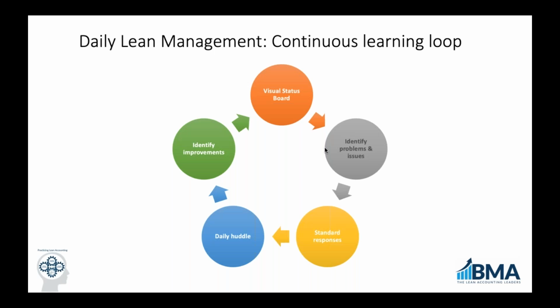There's a daily huddle or a stand-up meeting. What we're trying to do is set up daily routines so that improvement isn't limited to, oh, in a couple of months we're going to do an improvement project. But improvement, this idea of thinking about value and how to improve that, becomes part of daily routines, and identifying those improvements again becomes part of daily routines.